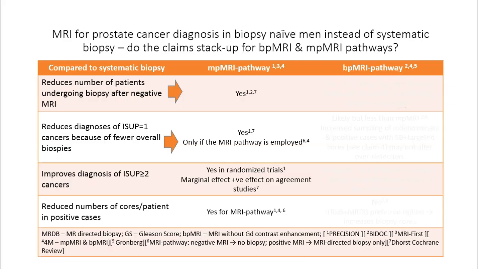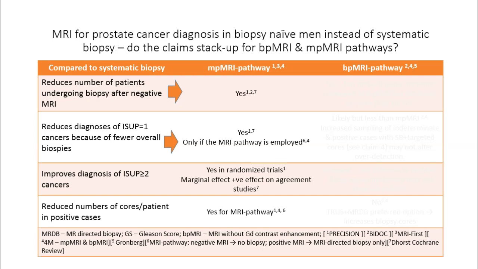But we're not really here to discuss sensitivity and specificity. More importantly, it's important to know what the patient impacts are. Now we know from level 1 evidence that the MRI pathway reduces the number of men undergoing biopsy after a negative MRI.